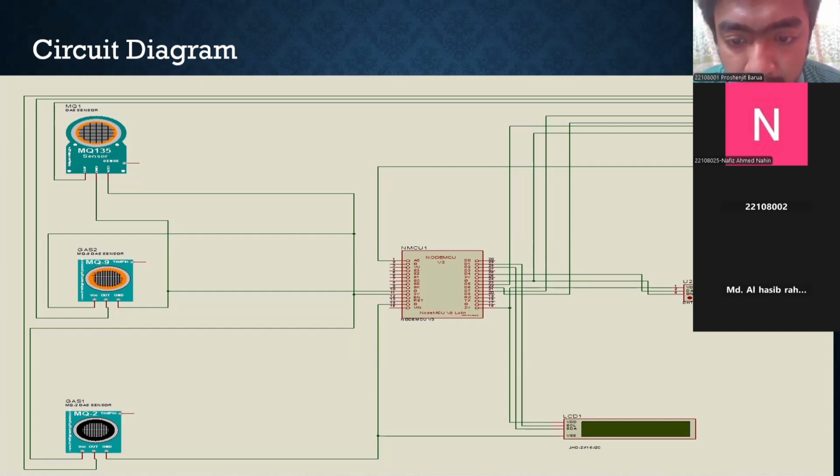It is connected to the NodeMCU D4 pin, and we use an LCD display which is 16x2, and we use the I2C protocol. That's why there are SDA and SCL pins which are connected to NodeMCU D2 and D1 pins, and the voltage and ground are also connected to the NodeMCU.